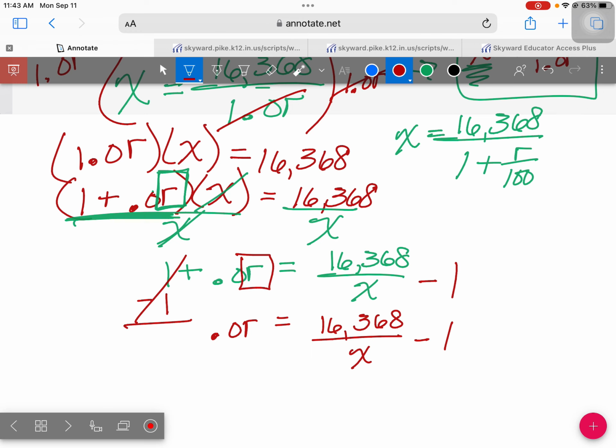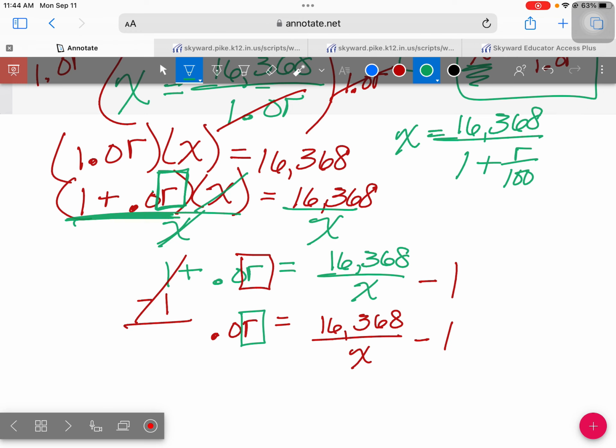Okay. I need to solve for r to get r by itself. This is 0.0r, yes, because we want to get r by itself. This is like a decimal of it. It's r hundredths.